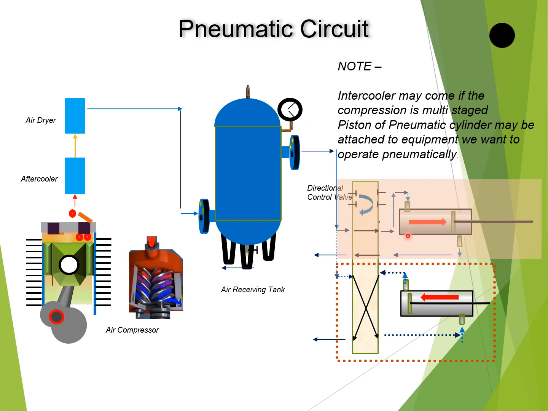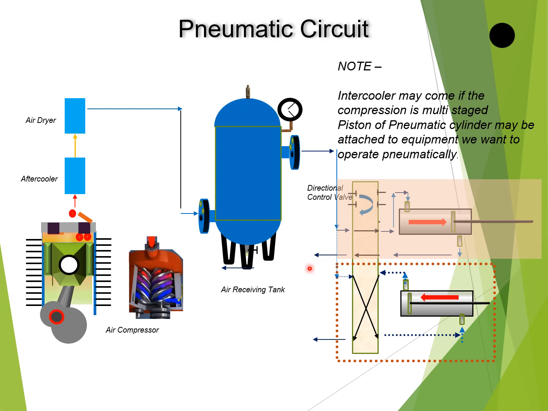For the forward motion, the air will travel from this port and enter from the bottom. It will push the piston up. Now the air between the cylinder and the piston shall move out from this port and will get exhausted here.